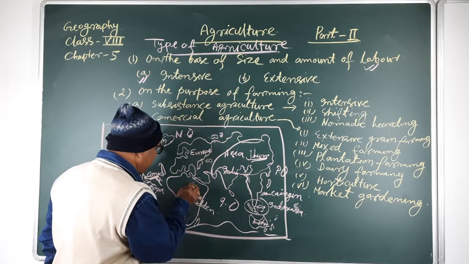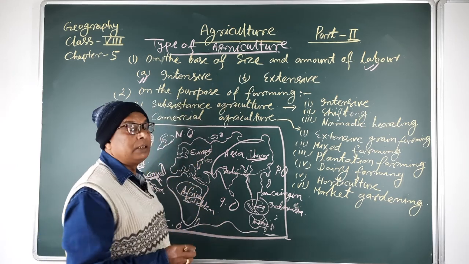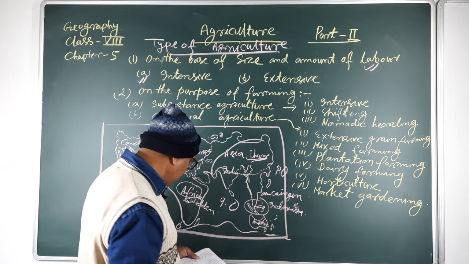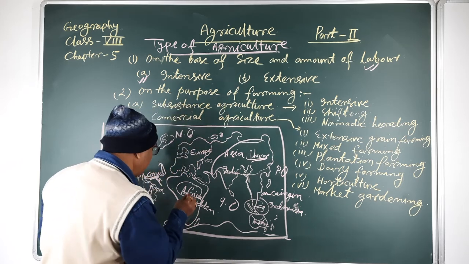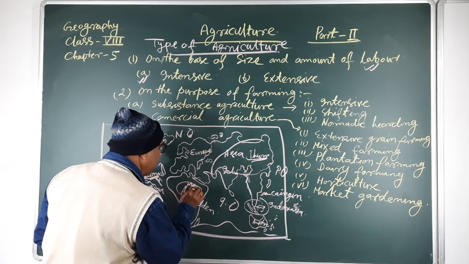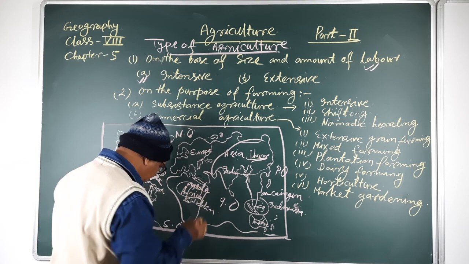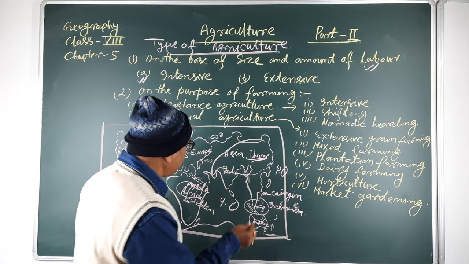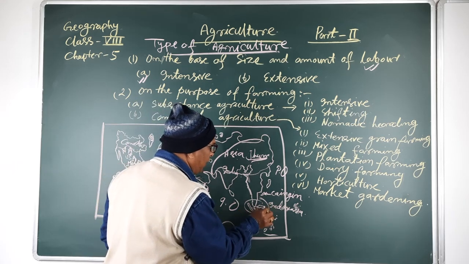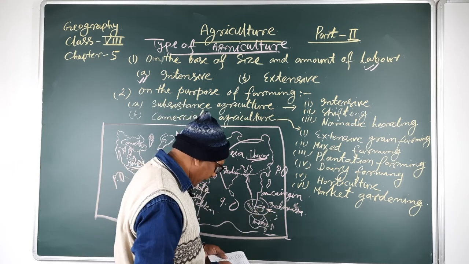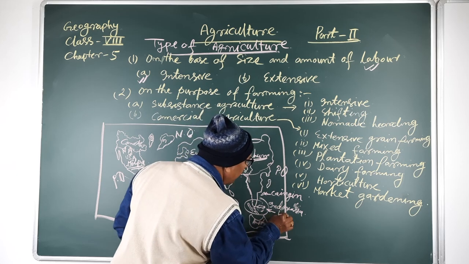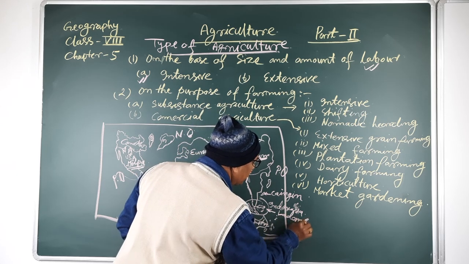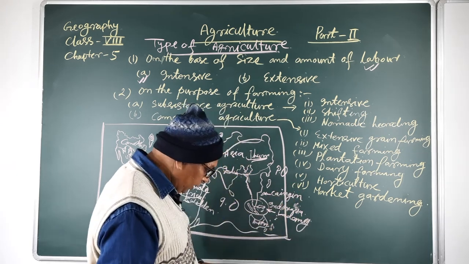In Central Africa, it is known as Masole, M-A-S-O-L-E. And in Indonesia, it is known as Ladang, L-A-D-A-N-G.